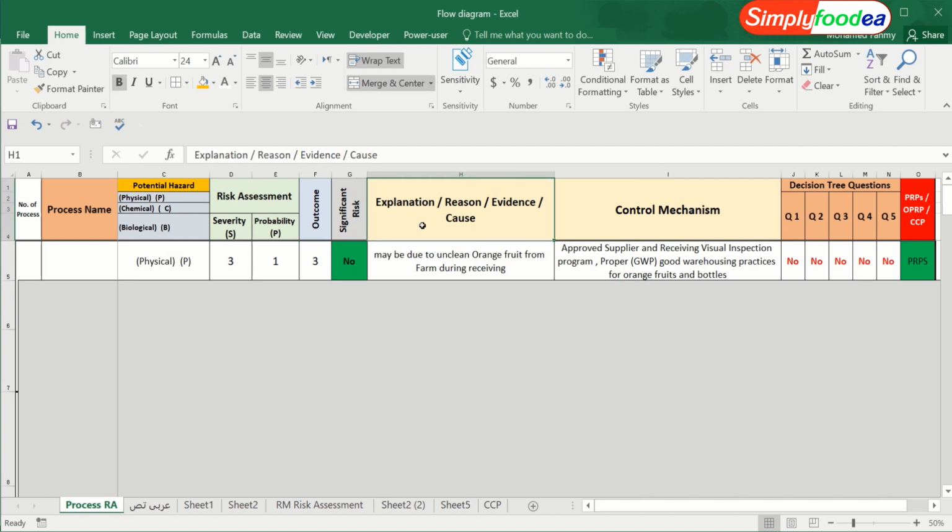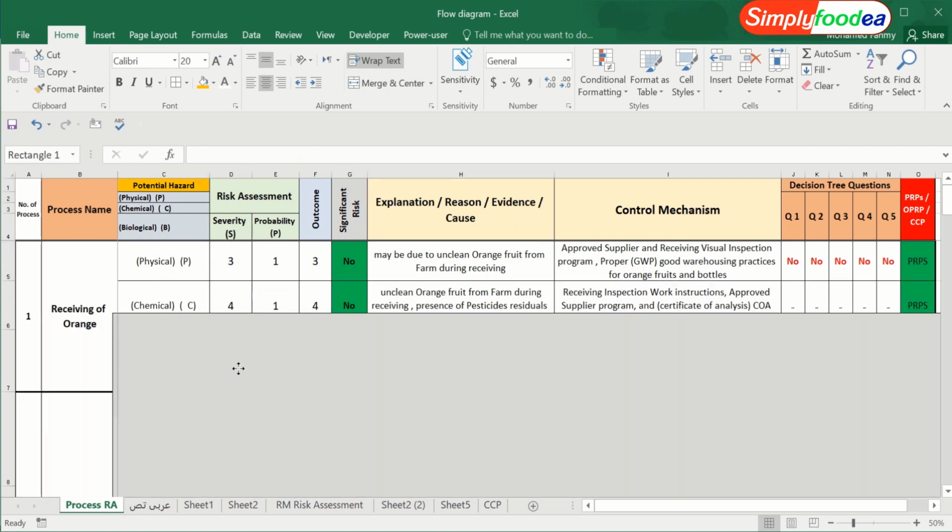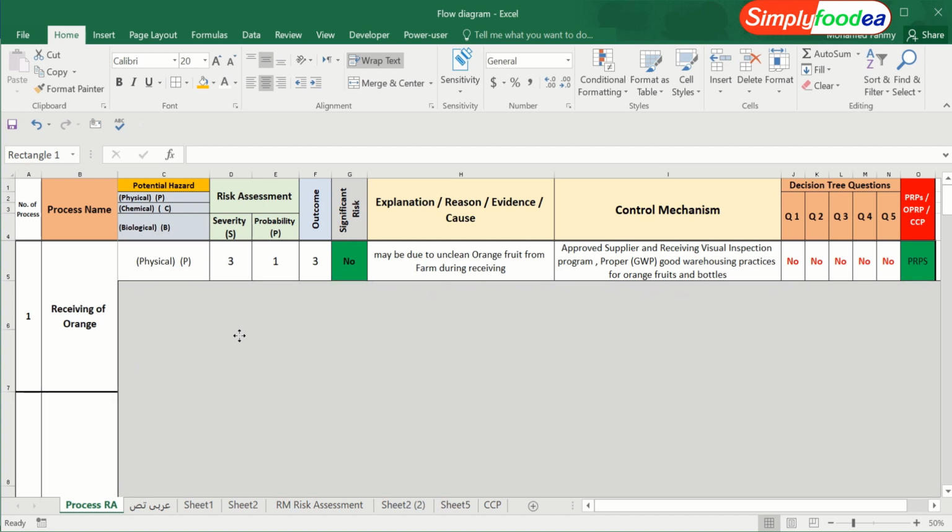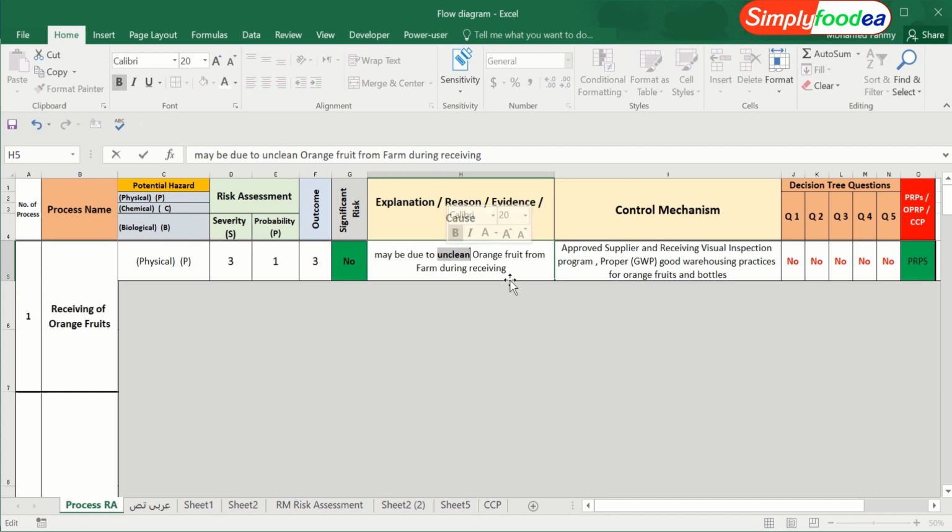Why? The explanation: what is the physical hazard that can come in the process of receiving of the orange fruits? You can write here fruits. Maybe due to unclean orange fruit from the farm during receiving, and the control is by the approved supplier and receiving visual inspection program.